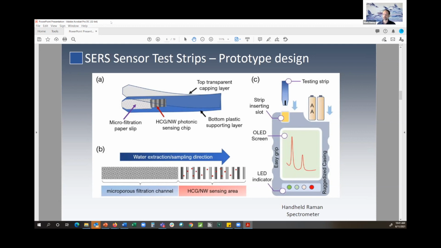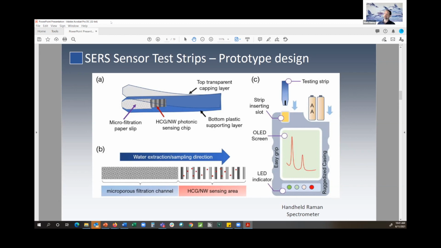To the left of that barcode region, we have a microfiltration paper slip that will filter out any particles or whatever. So we're only looking at dissolved materials. The water with the analyte interacts with that photonic sensing chip. The analytes interact with the photonic nanoparticles, and then you can see here in diagram C, we'll take that test strip and have it interact with a handheld Raman spectrometer.